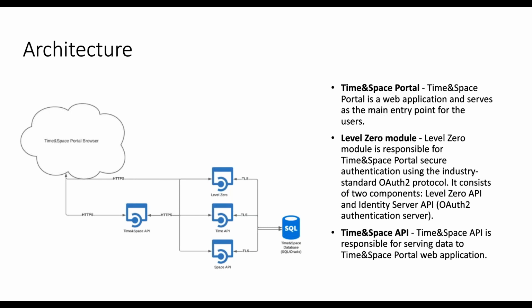The module itself can be divided into three separate parts. The first part is called the Time&Space Portal. This is the web application and serves as an entry point for the end users. So, like a graphical part of the module.